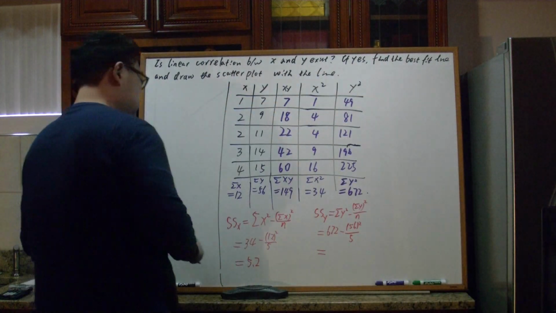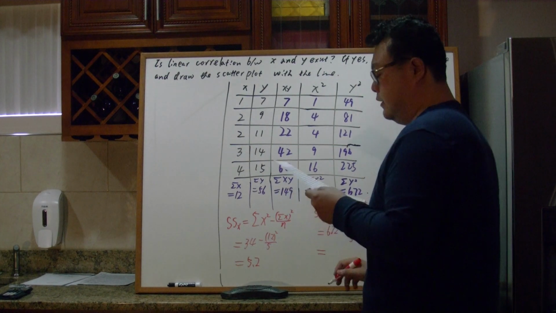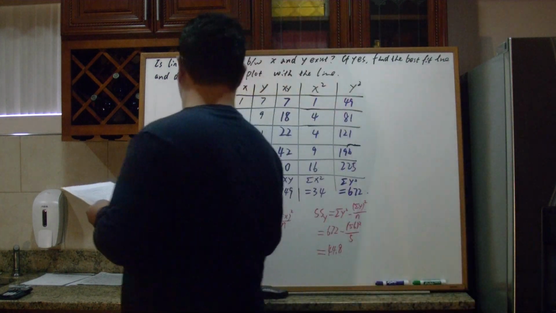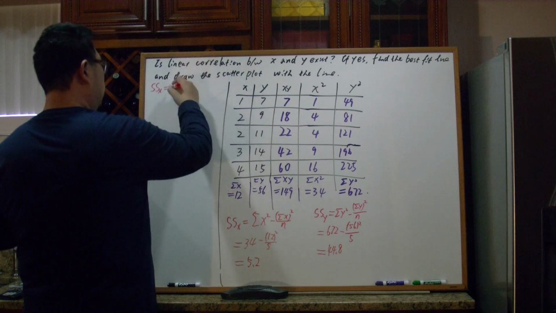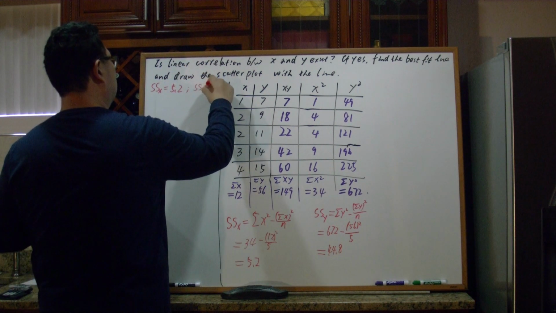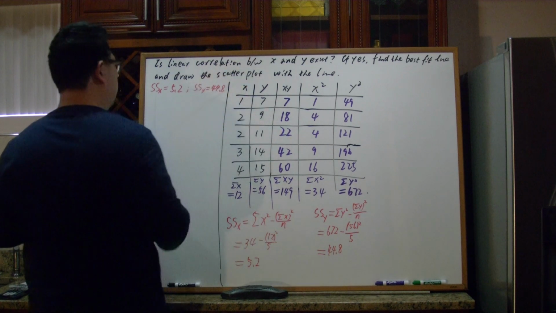So 672 minus 56 squared over 5 is 44.8. So those values are what we need: 5.2, 44.8.